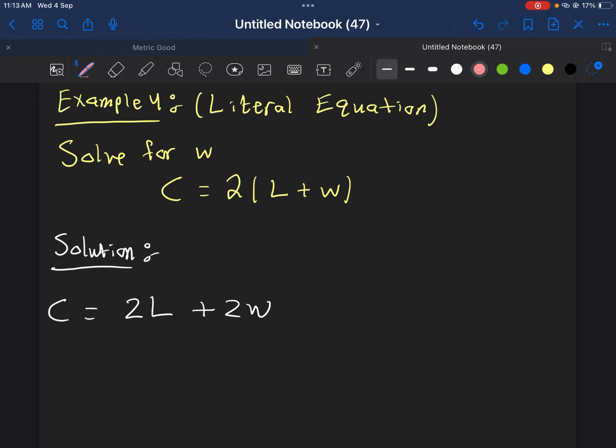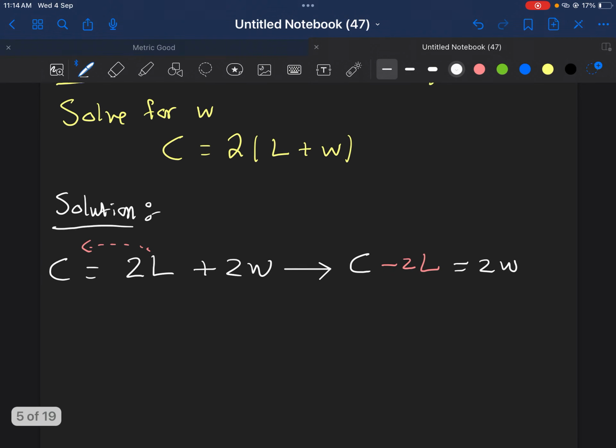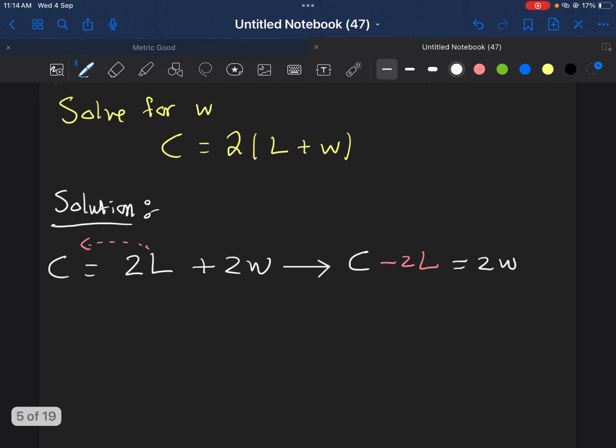Next step, I want W to be alone, so I will take everything to the other side. So I will get C negative 2L equal 2W. The final step is we need to divide by 2.